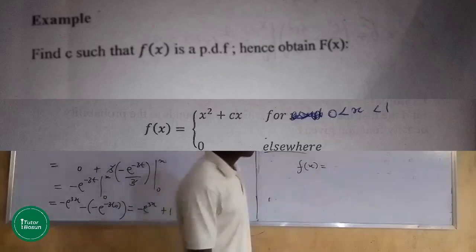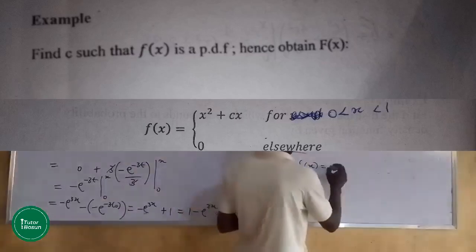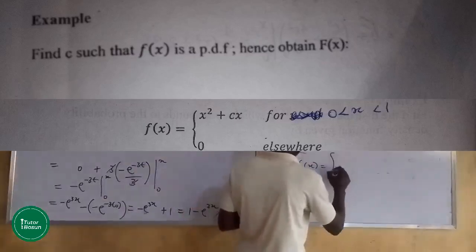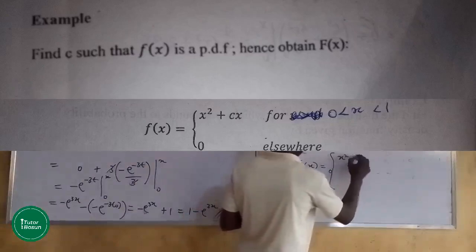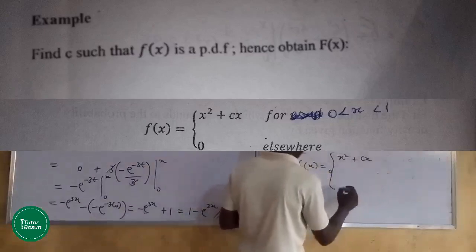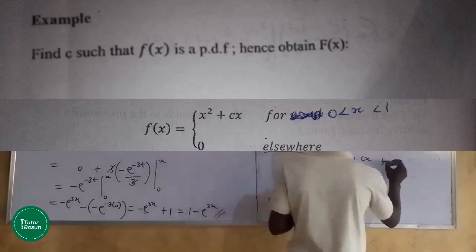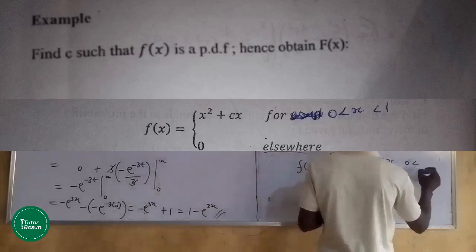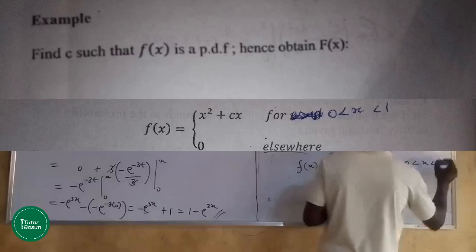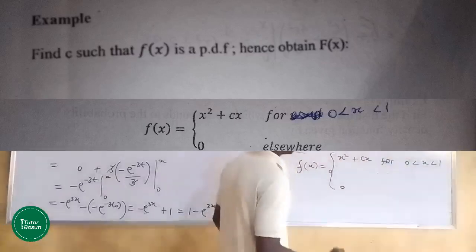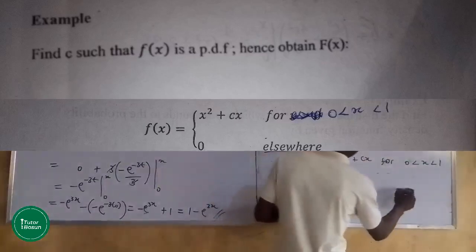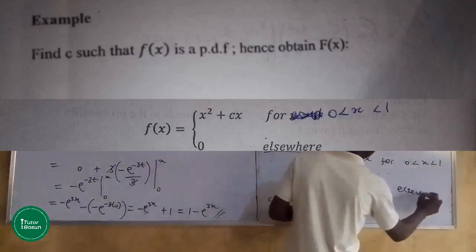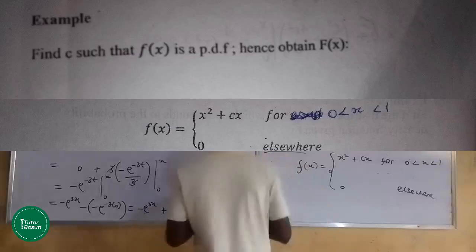So we have to calculate that unknown C. F of x equals x squared plus cx for 0 less than x less than 1, and 0 elsewhere.